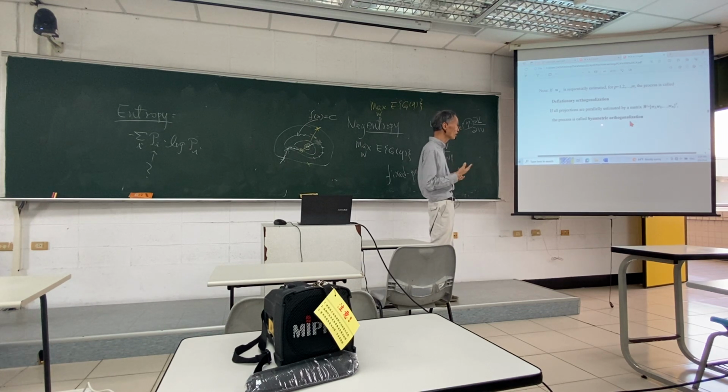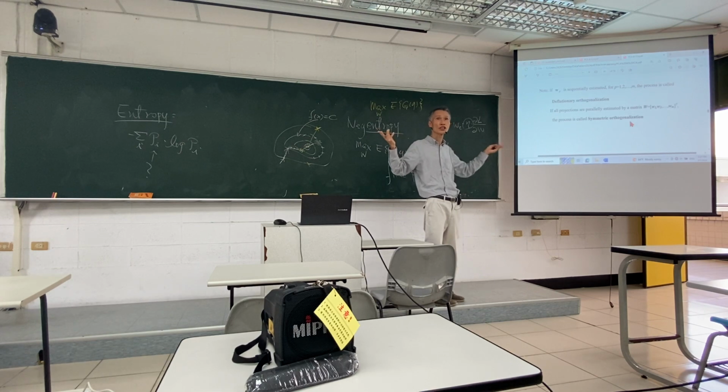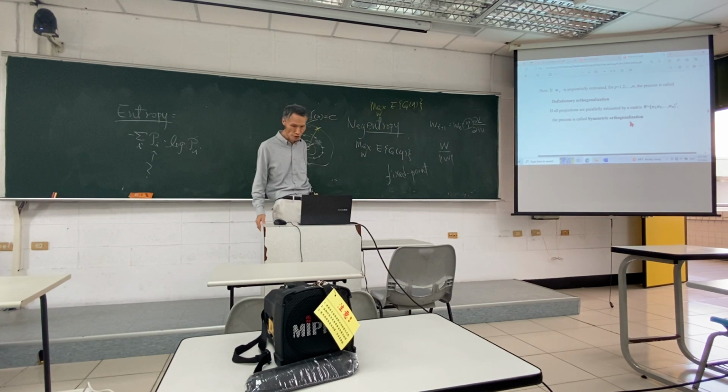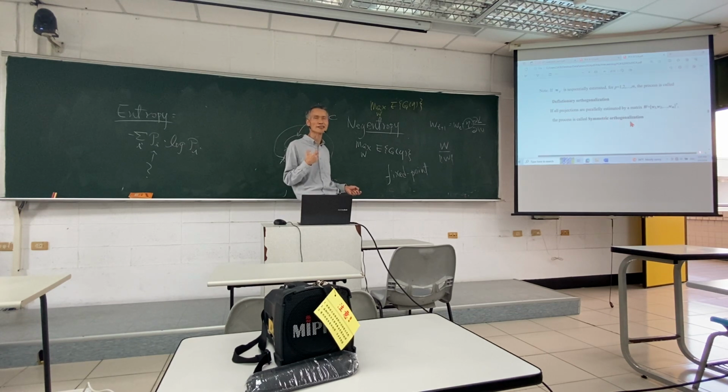But if you go for symmetric orthogonalization, you will estimate W1, W2, and Wm simultaneously. Then sometimes you will get different results, and you can see which one better fits your need. So you can go for sequential or parallel, okay? Deflationary means the second is estimated only after the first, and the third only after the second. With symmetric, all the projection directions are estimated together at once. Each has pros and cons, so check the time it needs. If neither is available, and you ask my personal opinion, symmetric may be better.